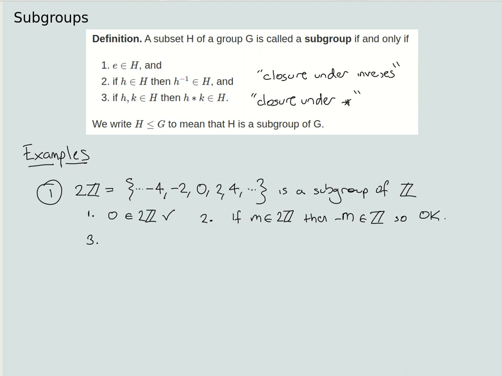And condition 3. Condition 3 says that if you have two elements of your would-be subgroup and you combine them using the group operation, then the result still has to be in the would-be subgroup. And that's true for us. If I take two elements of 2ℤ, I can write them as 2a and 2b.